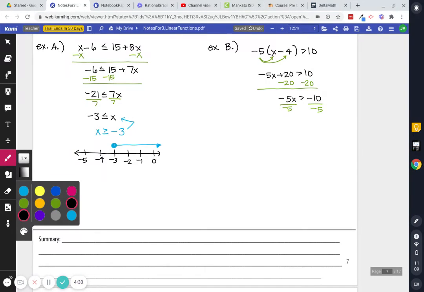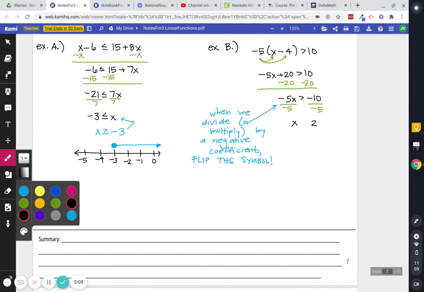Now, we're going to get x and we're going to get 2, but when we finish by dividing or multiplying by a negative coefficient, flip the symbol.